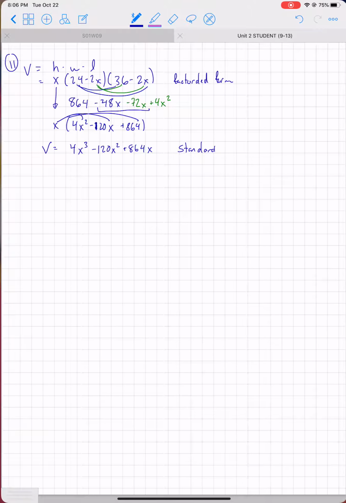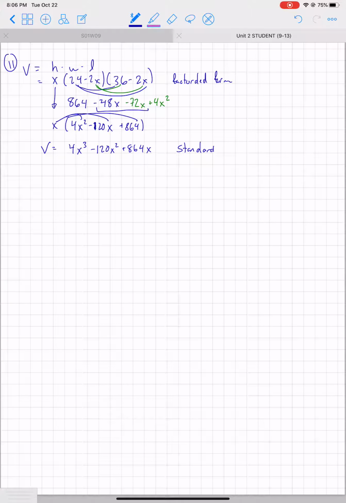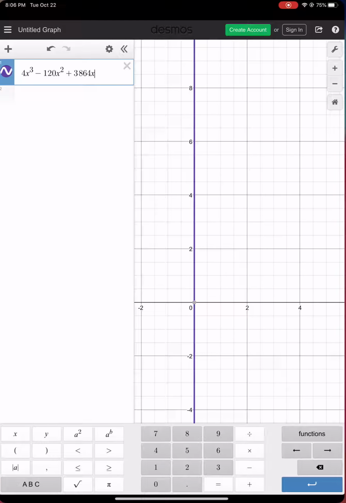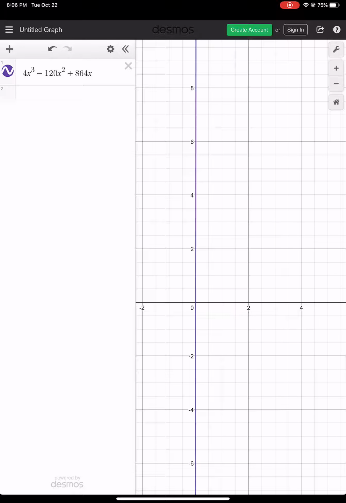Now, let me double check that. 4x cubed minus 120x squared plus 864x. All right. If we look at our graph, it's kind of crazy, right?